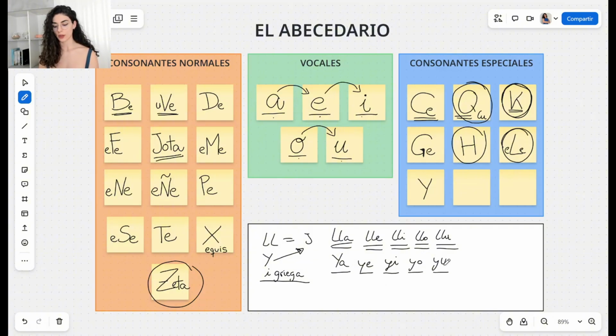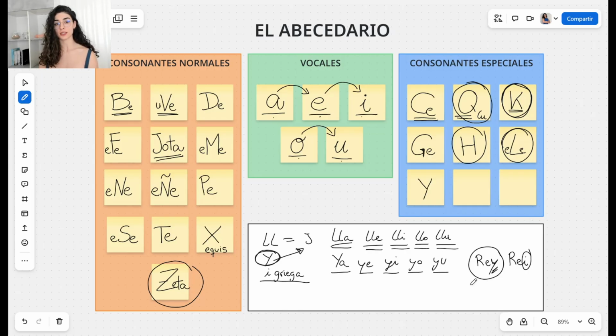But when the Y goes at the end of a word, like in this one, king, this is pronounced like rey, like a normal E. So this is not rei. This is rey.